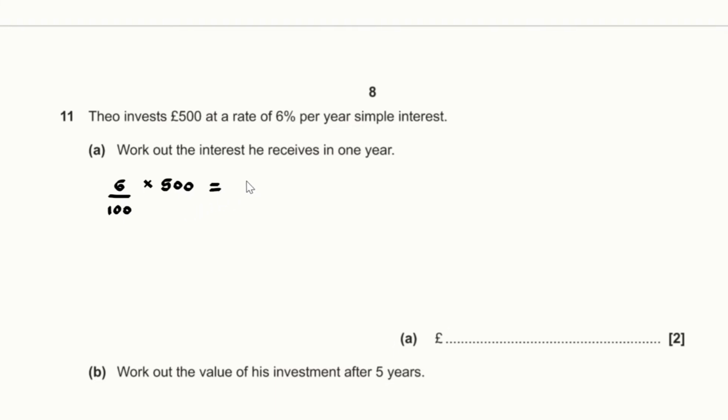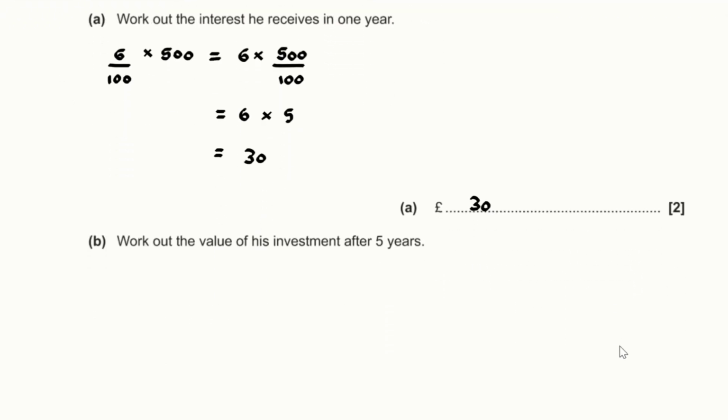So we've got 6 times by 500 over 100. So we've got 6 times by 5, which is equal to 30. So we have £30. This is the interest in 1 year.